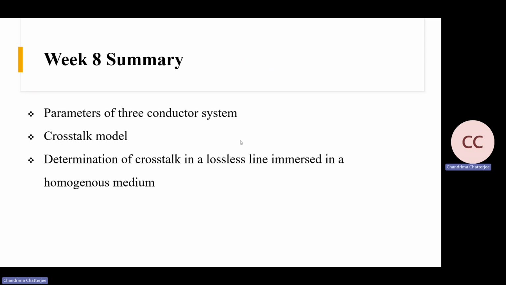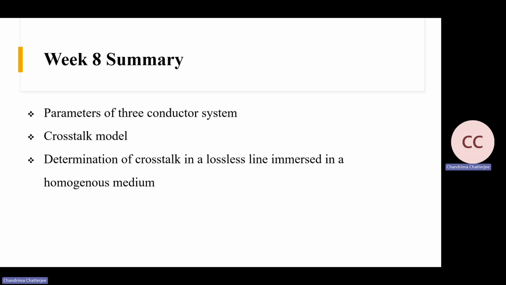In the last week, we discussed the radiated emission model of the two conductor system and also the three conductor system. We found the per unit length parameters, per unit length inductance, per unit length capacitance, the self-inductance values, the mutual inductance values, right?